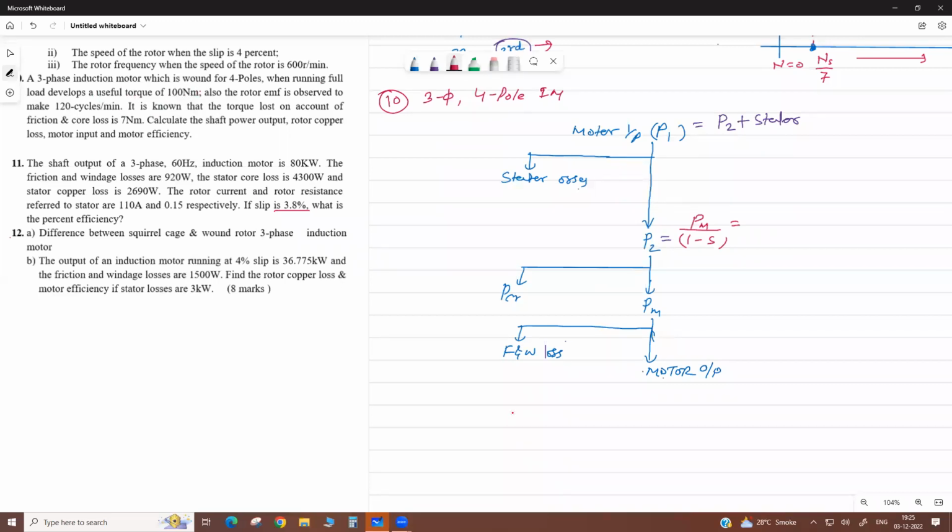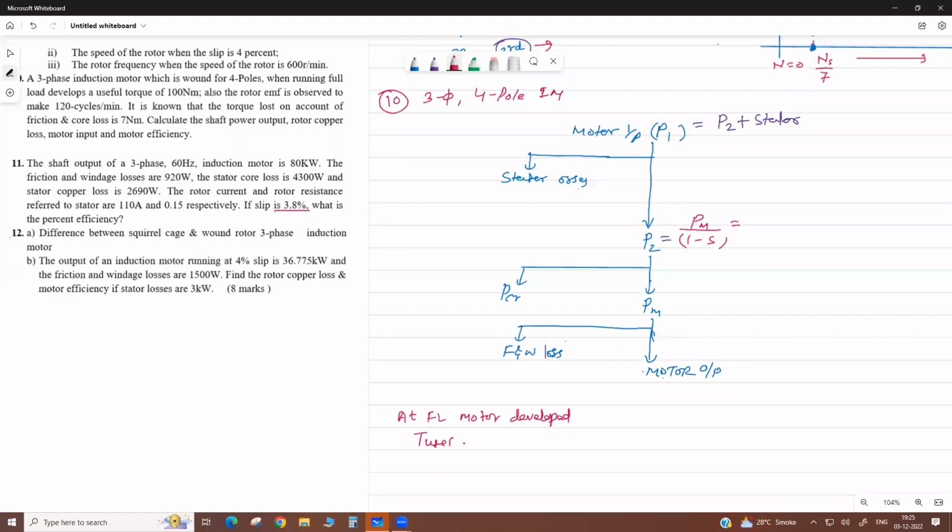Means it is a full load torque. So here you write T full, at full load the motor develops T full.